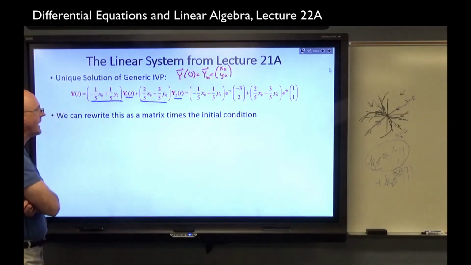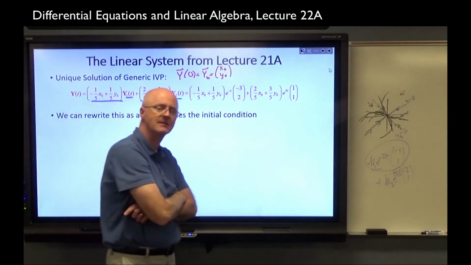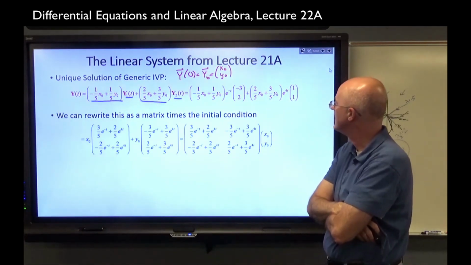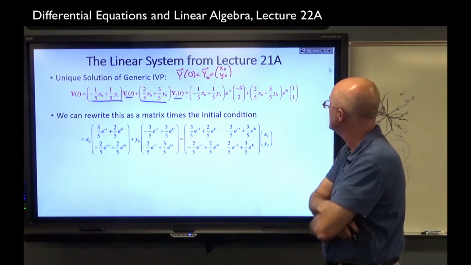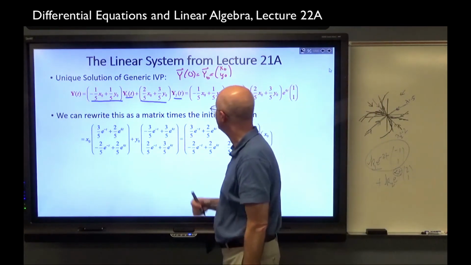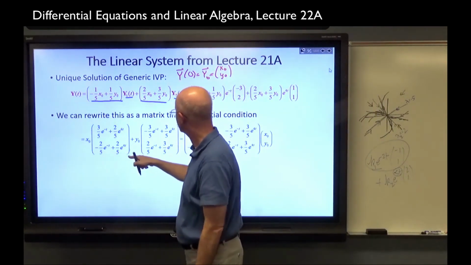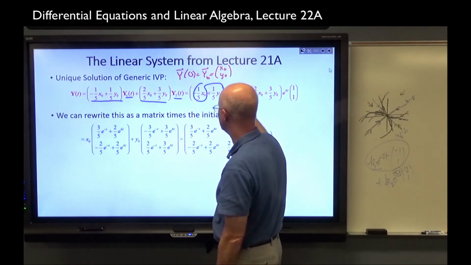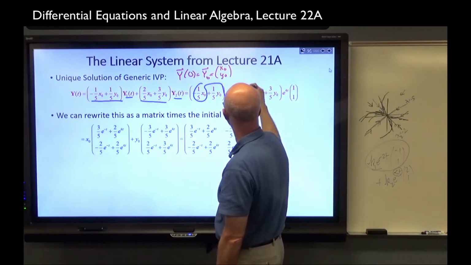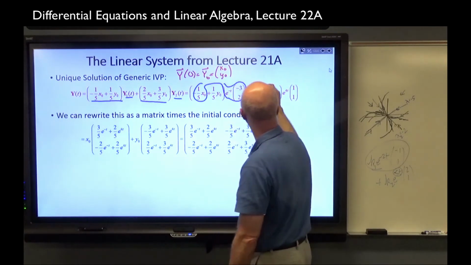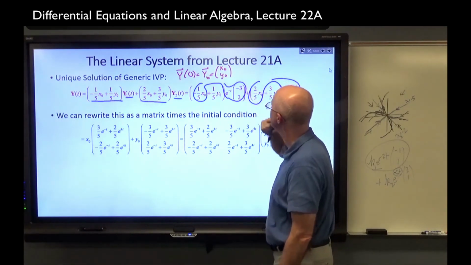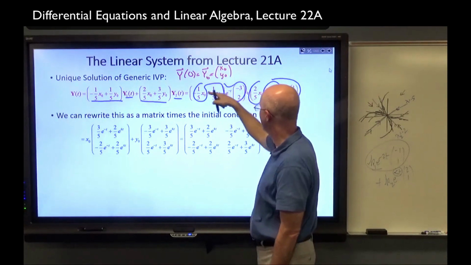And then we can write this as a matrix times the initial condition. Why? Because we can rewrite it like this. I did this before as well. For example, where does this vector come from? It comes from, first of all, the combination of these things and the combination of these things. Negative 1/5 times negative 3 is positive 3/5 x0.